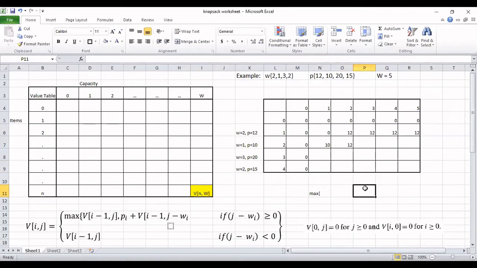Now, the real contention starts in this cell. The reason is, when the capacity is 2, either you can accommodate item 2 or you can accommodate item 1. If you accommodate item 2, the profit is 12. If you accommodate item 1, the profit is 10. Which is the best one? The best one is 12, taking item 2 instead of item 1. Fine?